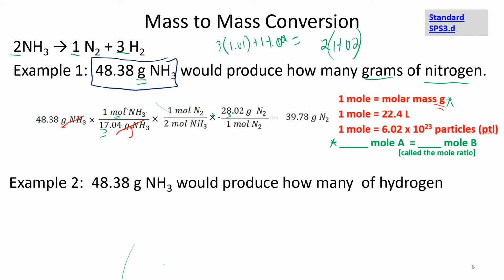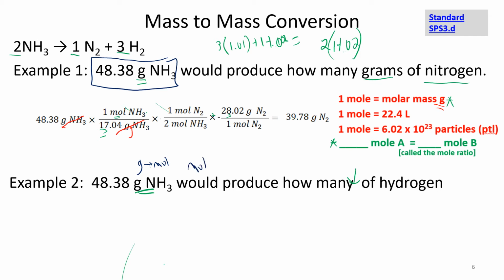We know we're starting with grams of ammonia, and I don't have a unit here, so I'm going to wait till I click to see what that unit is. But I could set up a plan. So how do I plan on approaching this problem? Well, I know I've got to go from grams to moles, so that's going to be my first step.